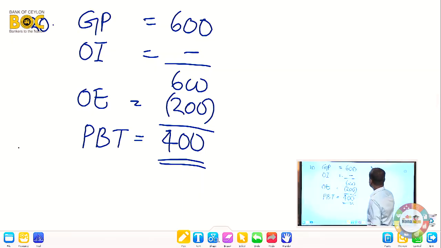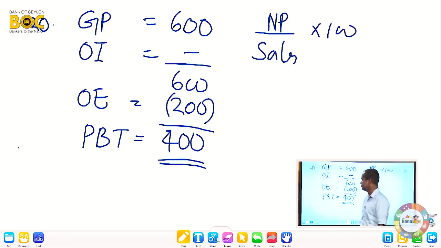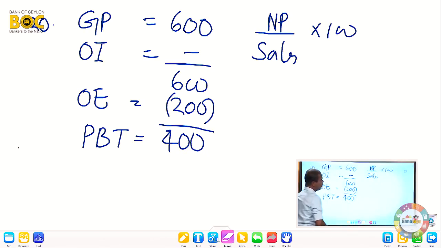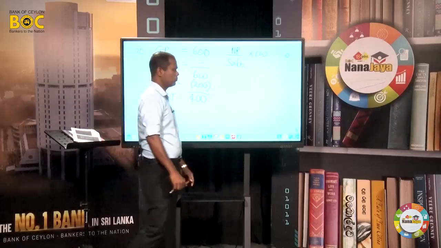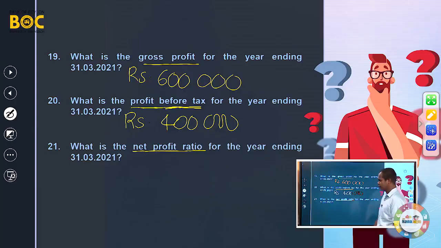The net profit ratio equals net profit for the period divided by sales into 100. The profit before tax we calculated.